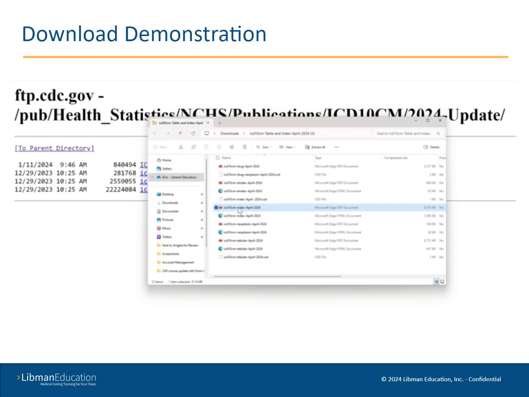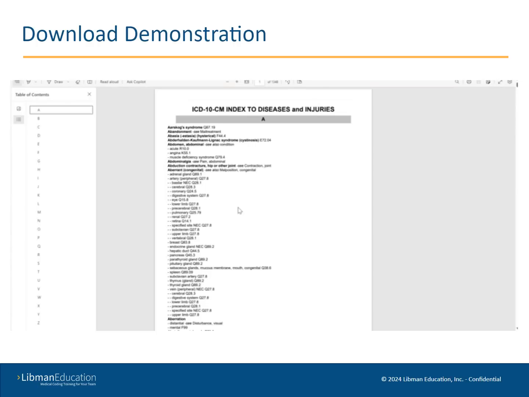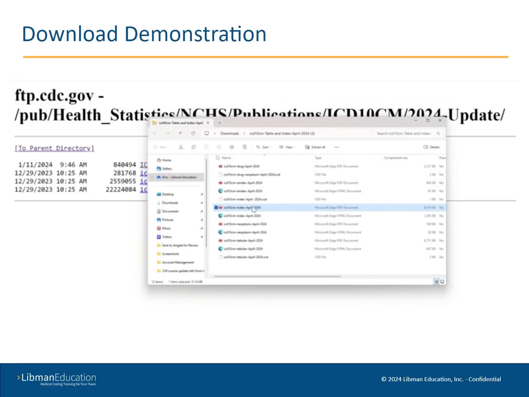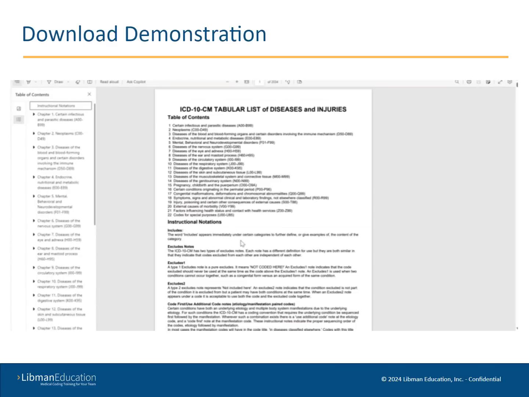So if we double click on the index, it will open up. Again, you can save this to your desktop, renaming it to April 1st, 2024. If we go back, we can then double click on the tabular file and open that up. And again, you can save this to your desktop so you have this ready for April 1st until your encoder is updated.